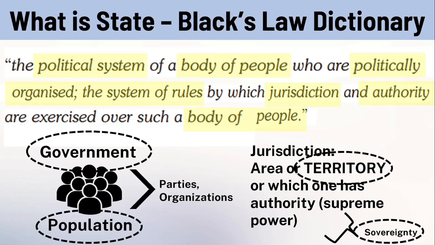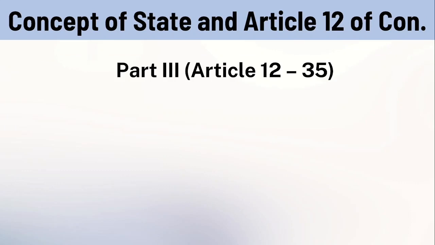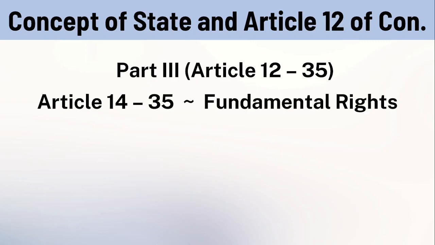Hopefully this was understood. Now let's move on to the concept of state and Article 12 of the Indian Constitution. In Part 3 of the Constitution, which is from Article 12 to 35, Articles 14 to 35 are the fundamental rights. Then you might be wondering, what do Articles 12 and 13 say if they're part of Part 3 but are not fundamental rights?